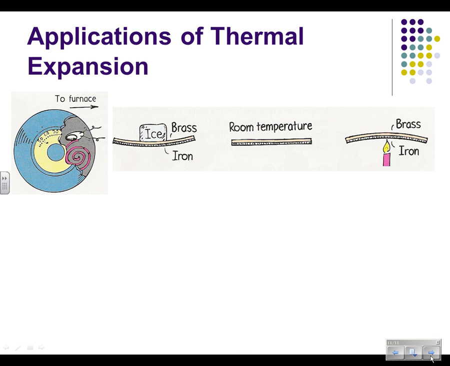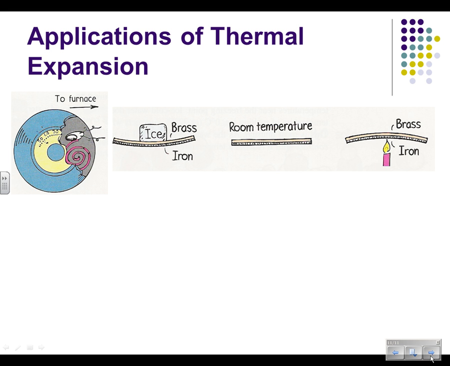Anybody have an old school thermostat in their house? The one that you actually have to turn the dial and not a digital one? Yeah? So, the thermostat works on the idea of thermal expansion and contraction. There is a little coil of metal inside of your thermostat.